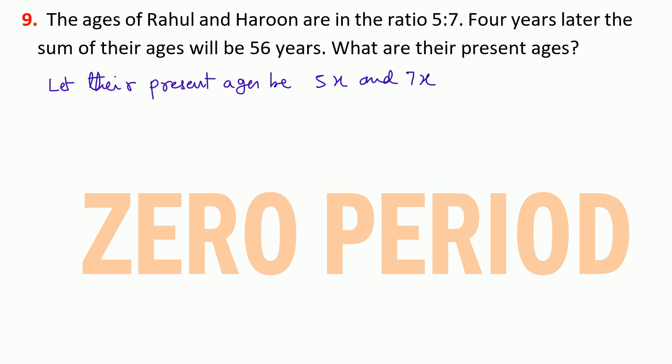And as you can see, Rahul and Harun are given in proper order, first and second. So this is the age of Rahul and this is the age of Harun.